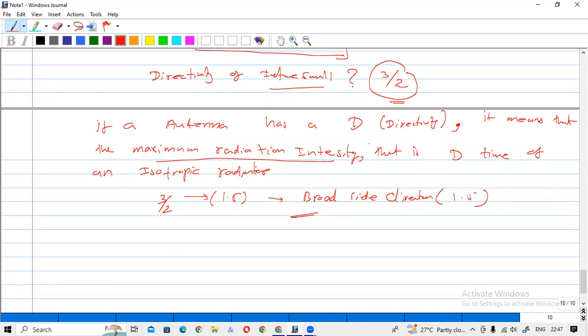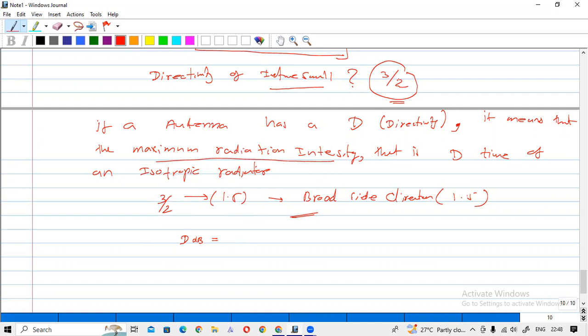Sometimes this directivity D is also given in dB, because this is a ratio.